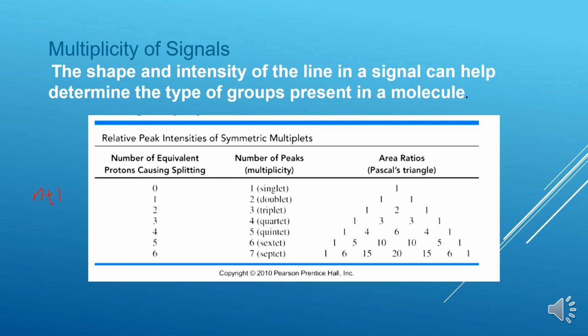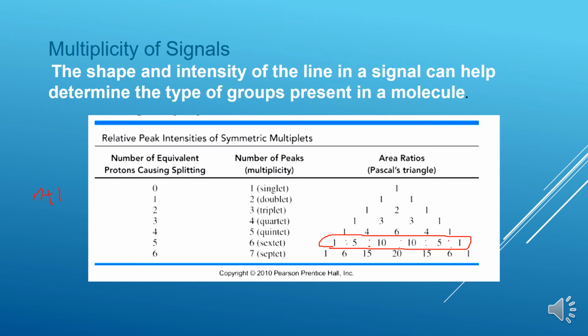If 2, 1 is to 1. 3, 1 is to 2 is to 1. 4, it is 1 is to 3 is to 3 is to 1. 5, 1 is to 4 is to 6 is to 4 is to 1. 6 peaks, its relative intensity will be 1 is to 5 is to 10 is to 10 is to 5 is to 1.